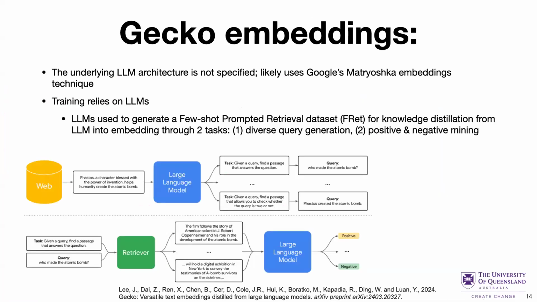Good. So let's start with talking about dense representations. So the first work I want to talk about is the Gecko embeddings. That's from DeepMind. So being a Google paper, there are a number of details that are not said or unclear.